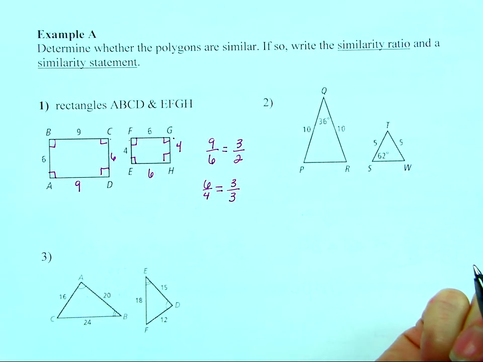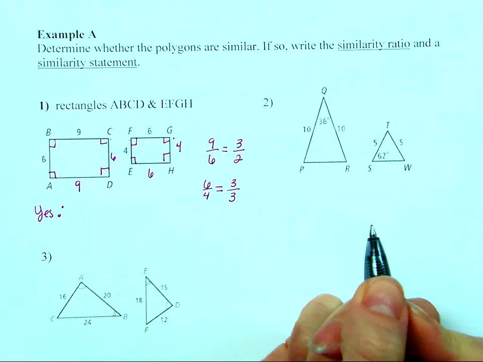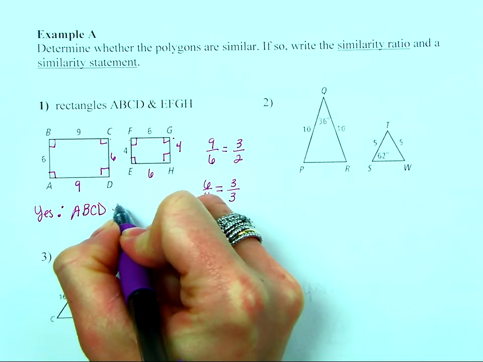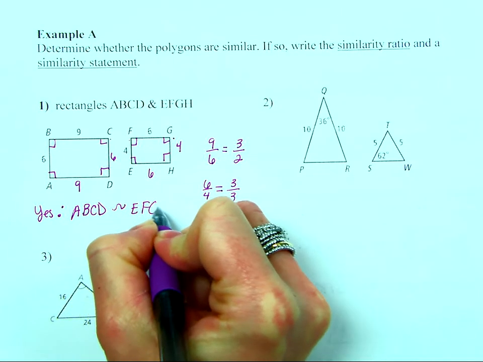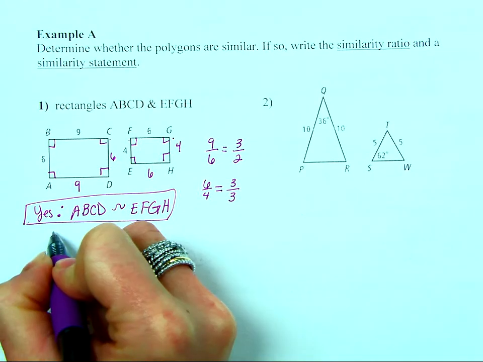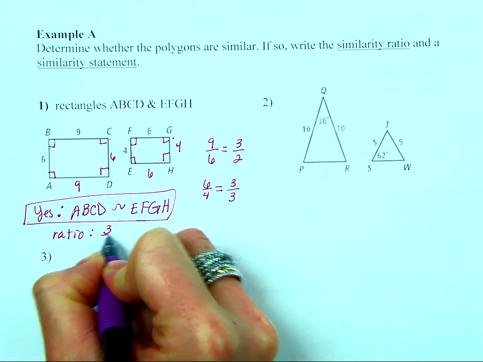So yes, I'm going to say these figures are similar. And my similarity statement in corresponding order, I'm just going to say ABCD is similar to EFGH. This is my statement. And my ratio would be a ratio of 3 to 2.